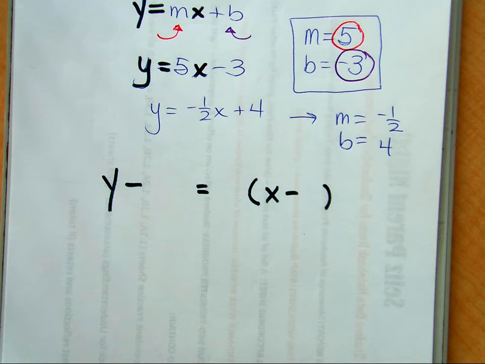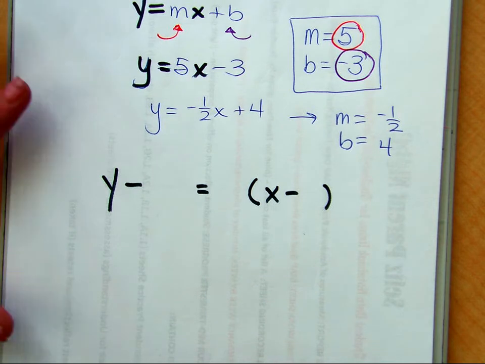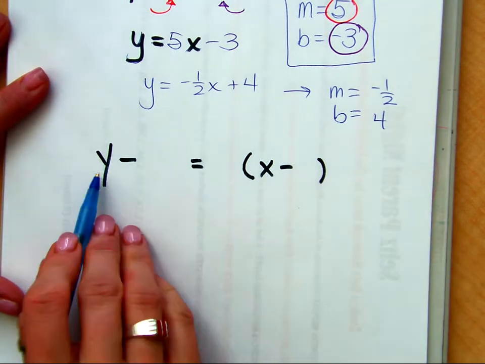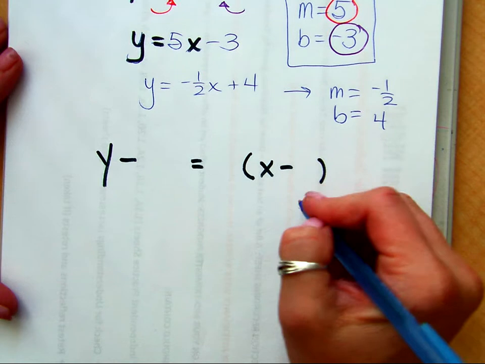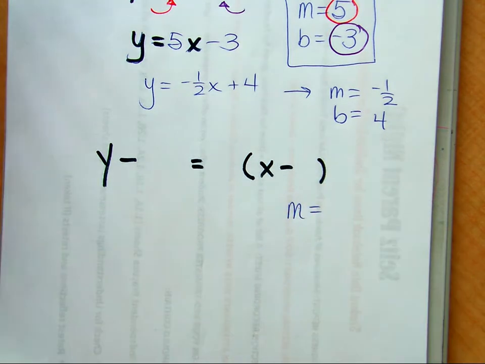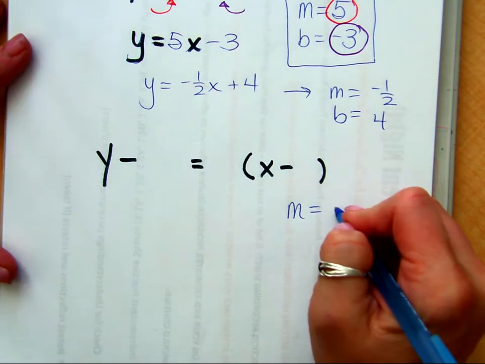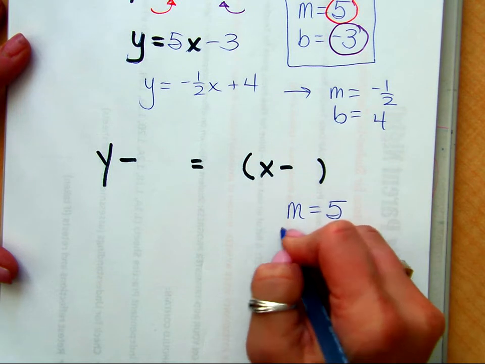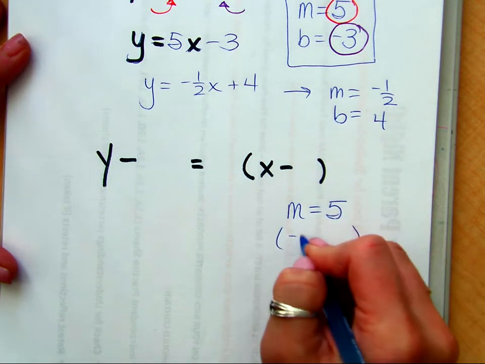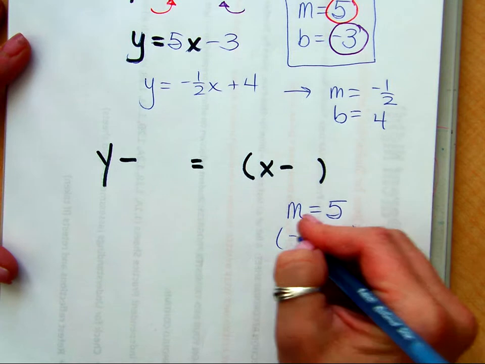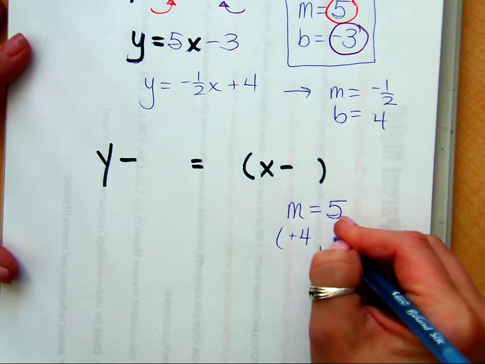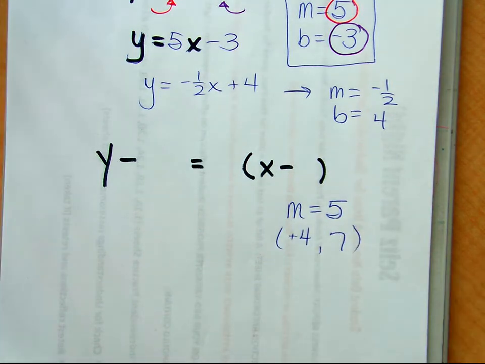That's all it is. So I have to give you some information. So I have to say to you, hey, I want you to write an equation in point slope form with a slope of, say, 5, and it goes through the point, actually don't say negative yet, just say positive, 4, 7. All right.